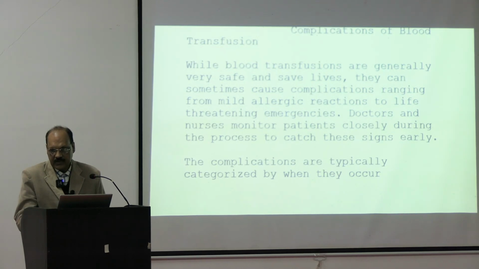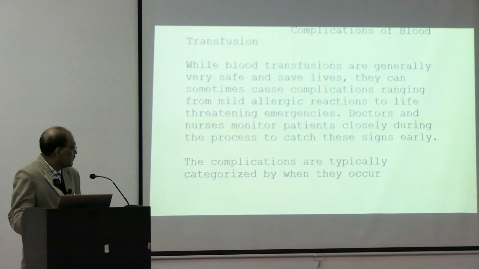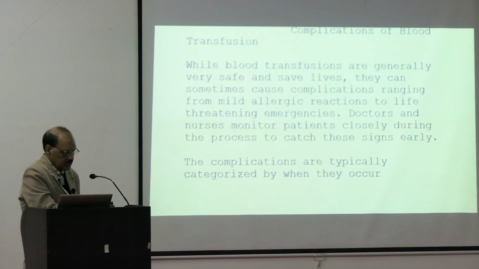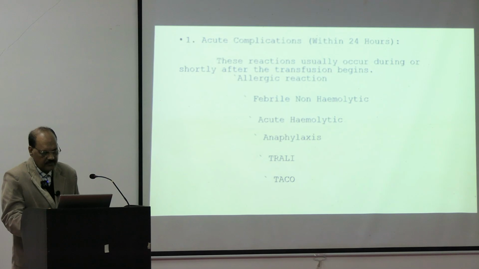After starting the blood transfusion, you have to monitor the patient and see whether reactions are occurring or not. The complications are typically categorized by when they occur. Usually there are acute complications, within 24 hours.